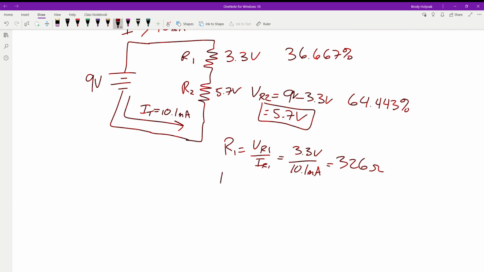R2 is the voltage drop across R2 over the current through R2. So 5.7 by the 10.1 milli.